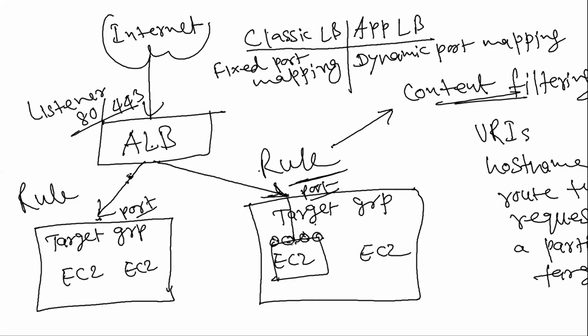And those requests can come through that particular port. So one request comes to this port, some request comes to this port, like that. What I mean to say is, you can run multiple different types of application on different ports.